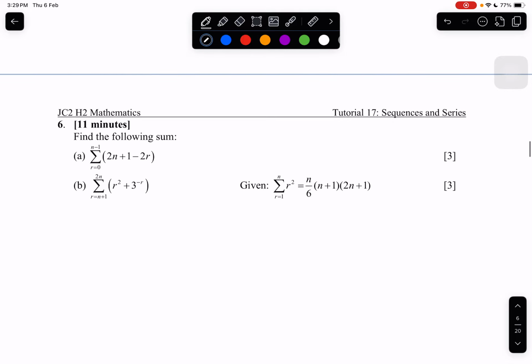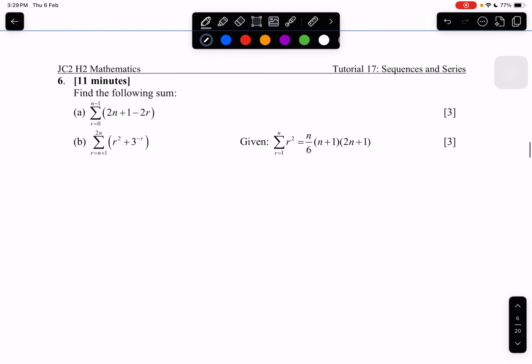For question 6, the concept over here is we are going to evaluate sums, or we want to simplify a summation to find the final expression of the summation.